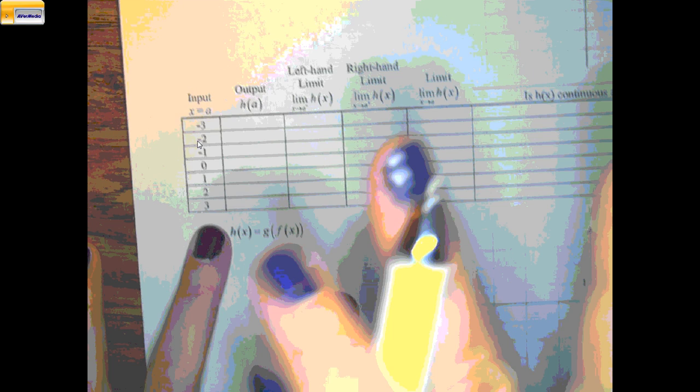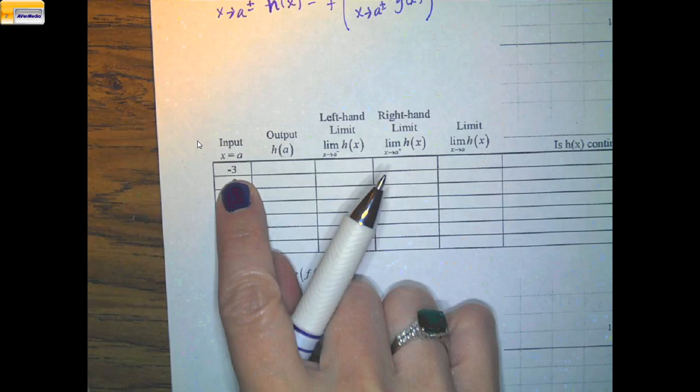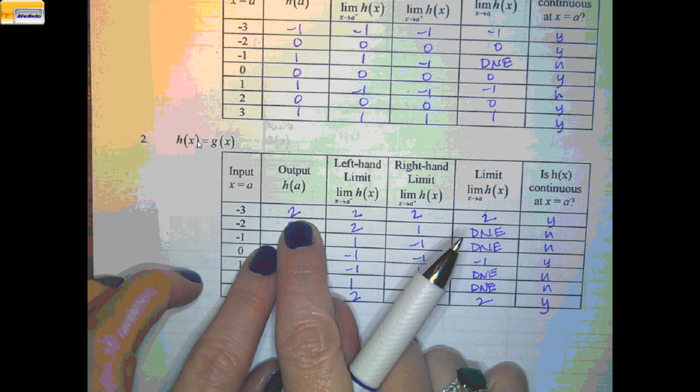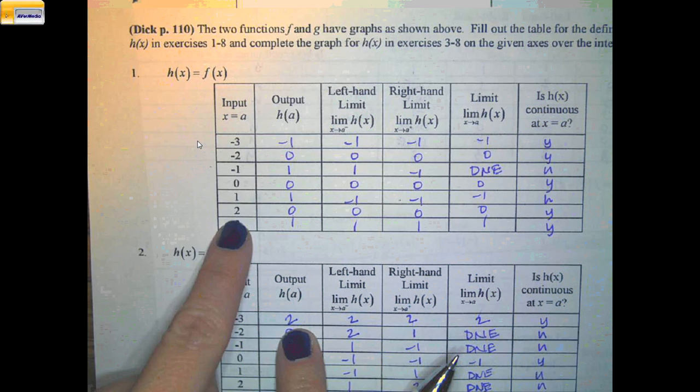Input, output. We don't have to mess with limits yet. We just need f of g of x, which means you're taking g of x, you're plugging it into f of x. So if I put in -3 into g of x, my output is 2. Take the 2, put it into f of x, and I get what? 0, so write down 0.